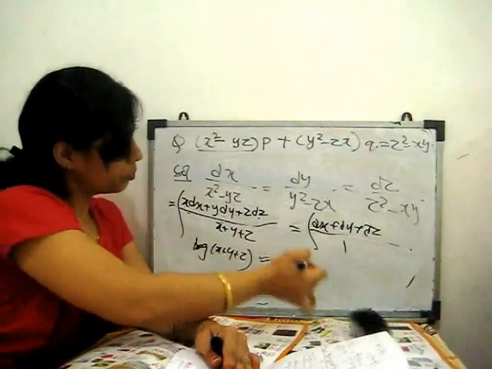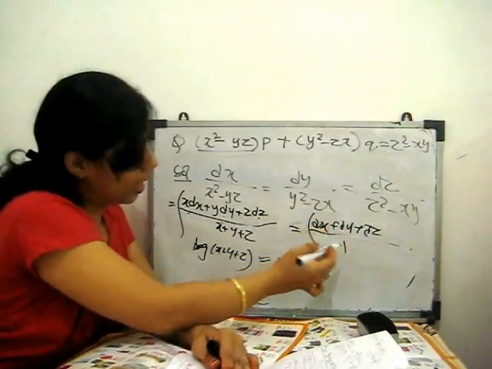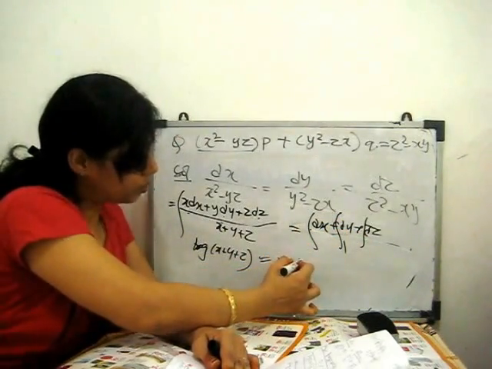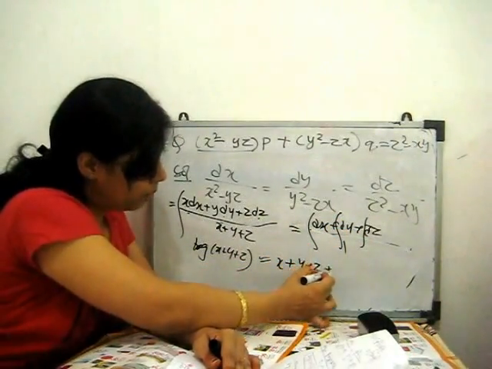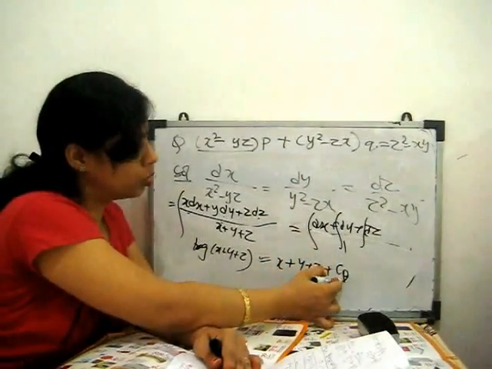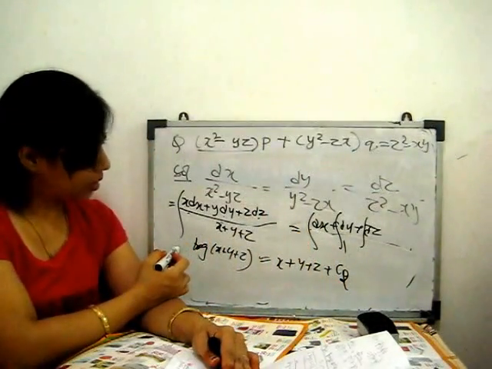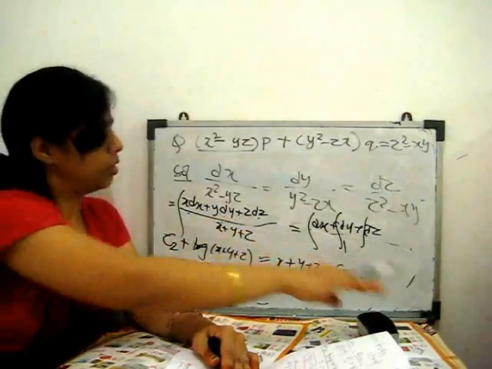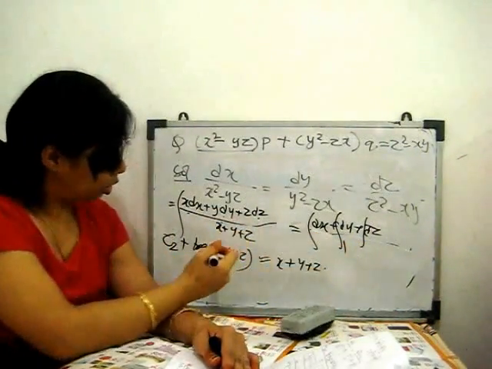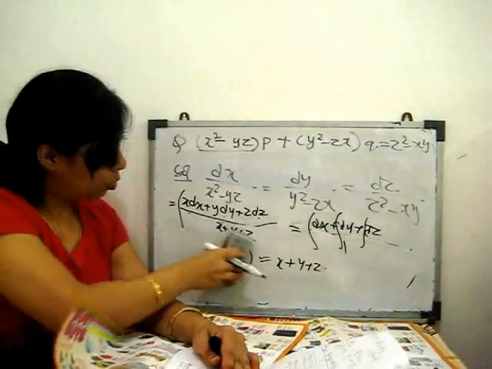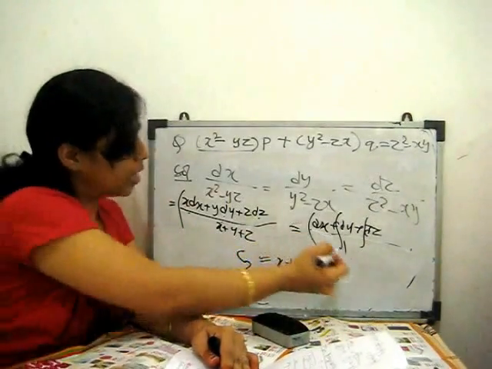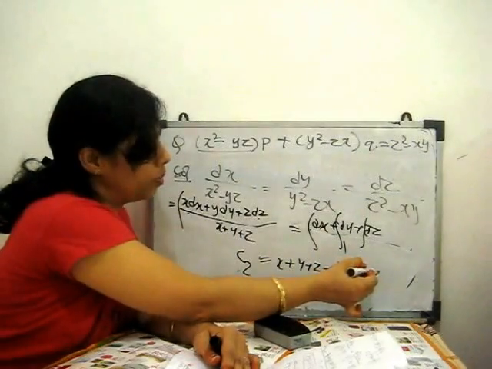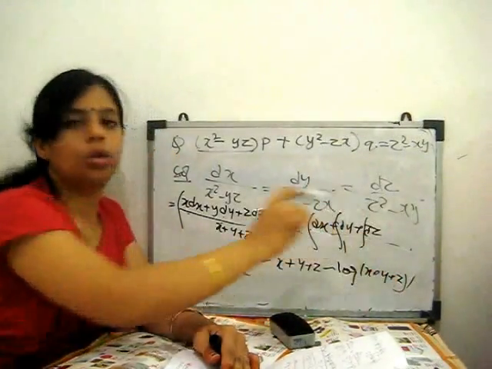This is x dx, individually, upon dy upon dz. So x plus y plus z plus c1. For the second constant, we can make it on any side. So c2 is equal to what? c2 is equal to x plus y plus z minus log of x plus y plus z.